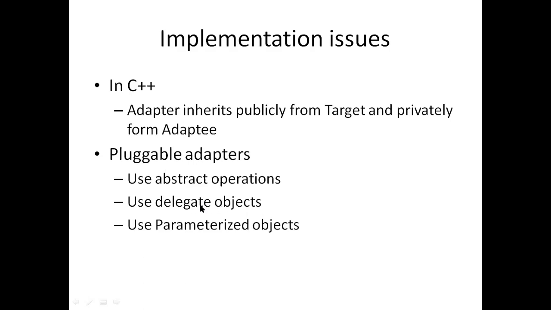That means different adoptees in terms of object adapter, and parameterized objects like templates can be used for resolving the pluggable adapters whenever there are many adapters and adoptees involved.